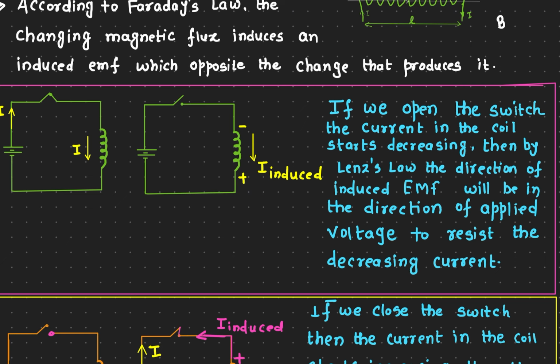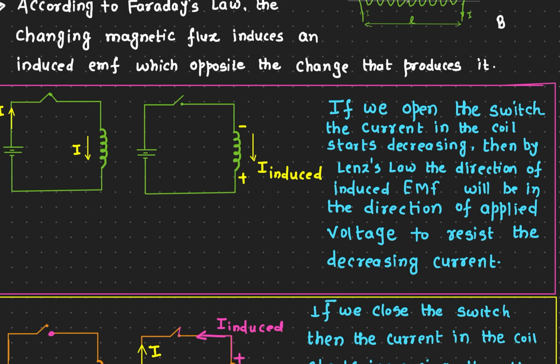It takes a certain amount of time, and the reason is because an inductor hates changes. It doesn't like to change. It will oppose the changes as much as possible, and the strength of this opposition is given by a parameter that we call the self-inductance.